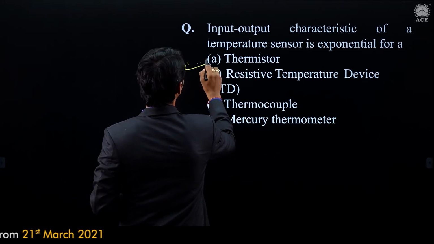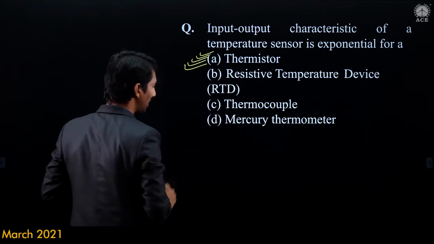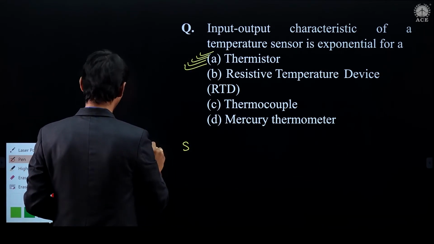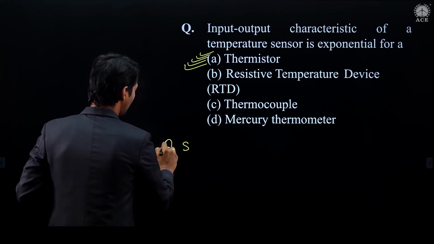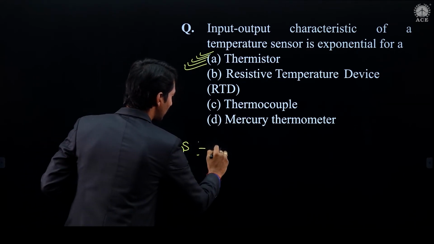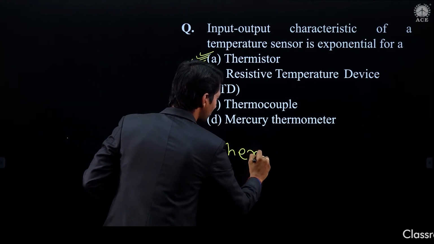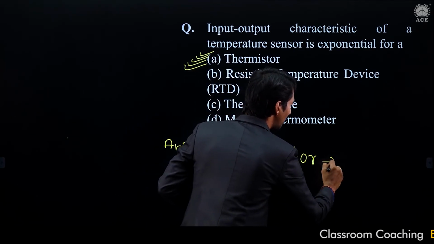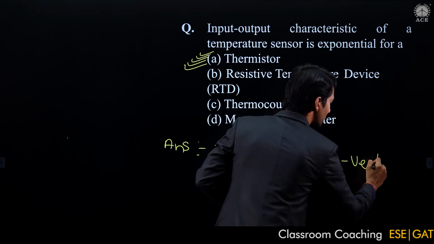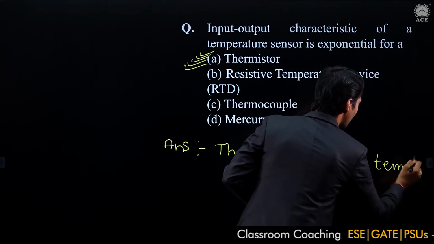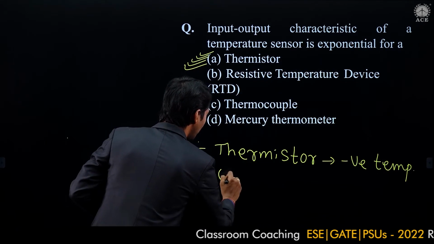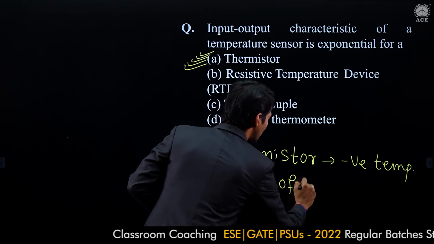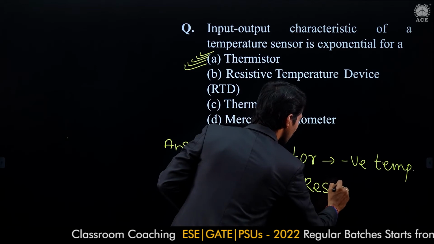Thermistor. Why am I giving the point also? Here the answer is thermistor, negative temperature coefficient of resistance.